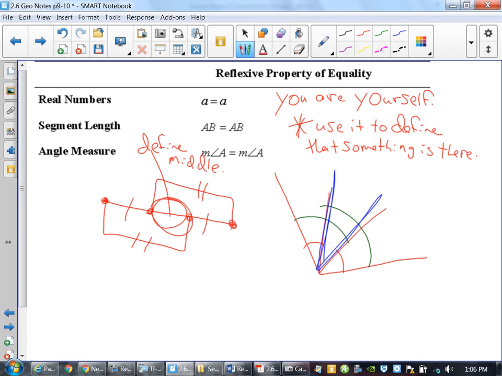Sometimes we use the reflexive property when we get to triangles because it's a shared side. That'll be in a couple of weeks still. It's the same property, but a very subtle difference in how you write it.